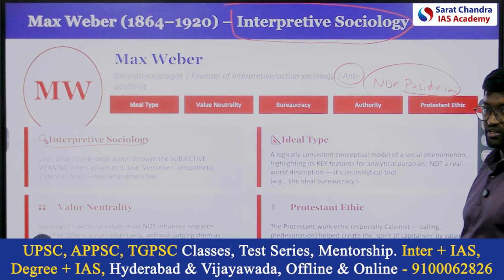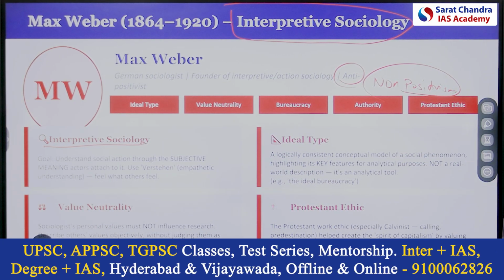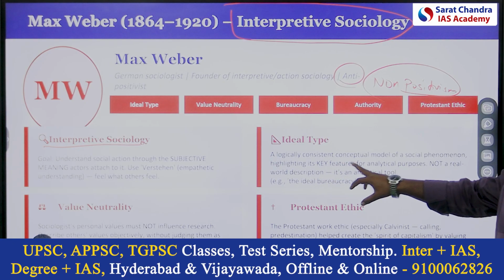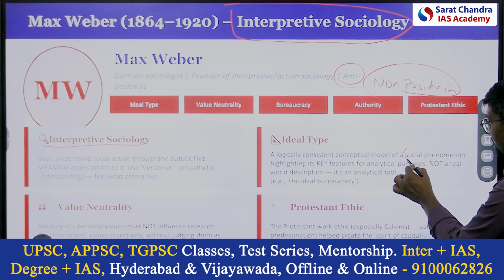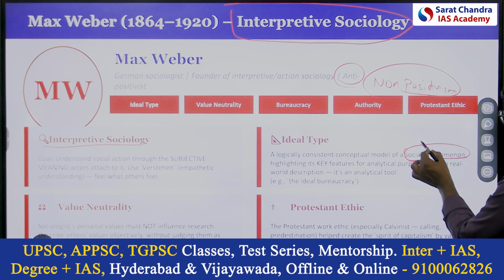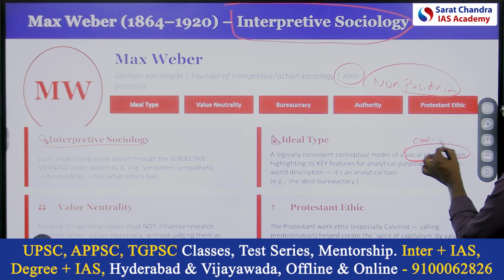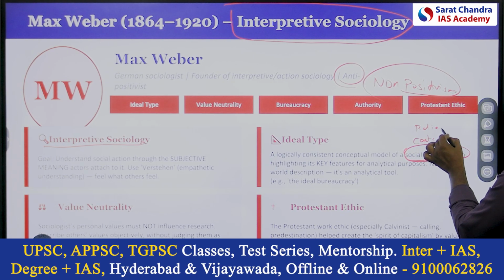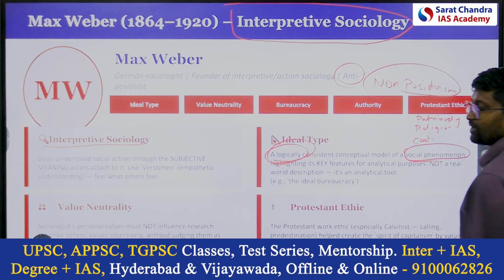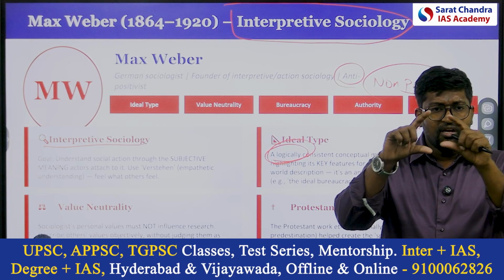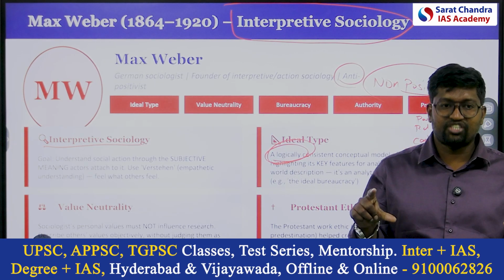Weber also emphasized the ideal type, a logical, consistent conceptual model of a social phenomenon. You understand my point? What is ideal type? You are understanding a social phenomenon. This social phenomenon might be the caste system, religion, or patriarchy. Before understanding these concepts, you are constructing logical parameters, a structure, a skeleton.